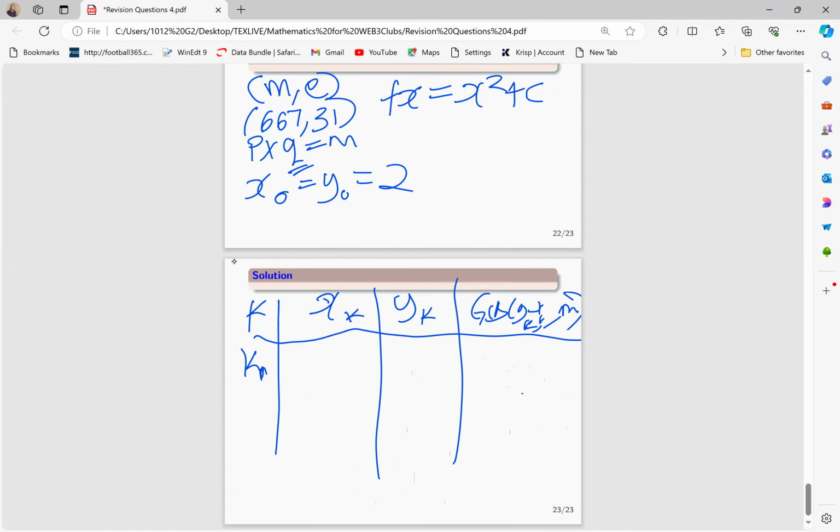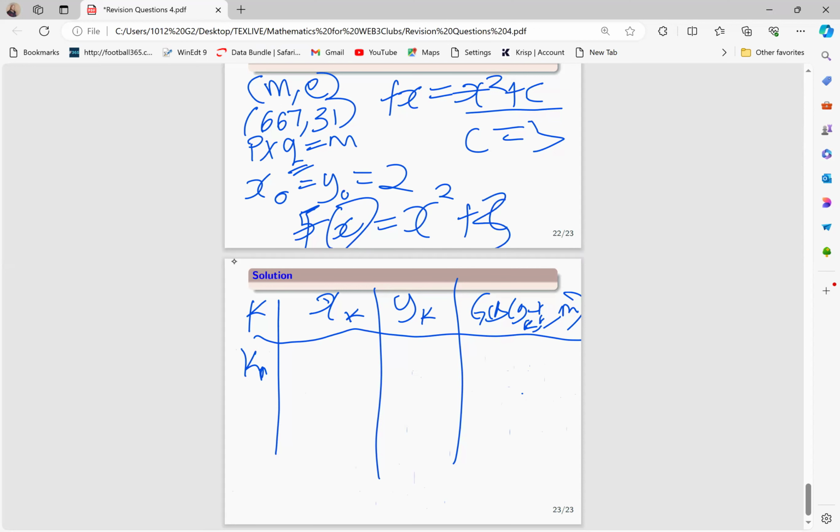So to calculate this, because we're using this formula, C, you can choose any random number, of which here I have chosen 3. So our general formula will be F(x) is equal to x squared plus C. So for the first value, plus 3.